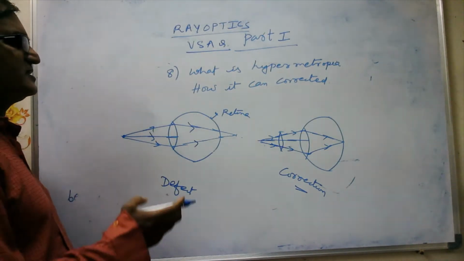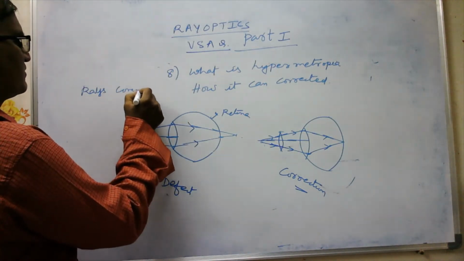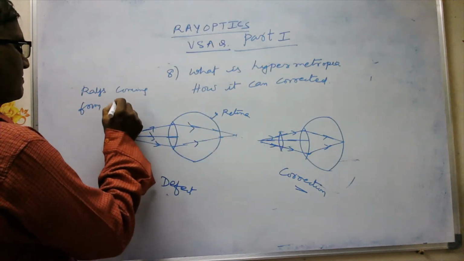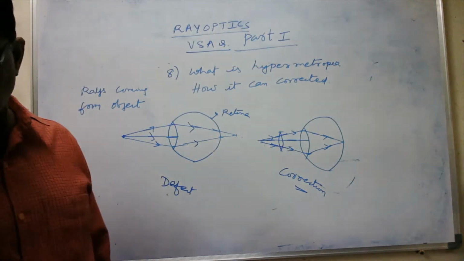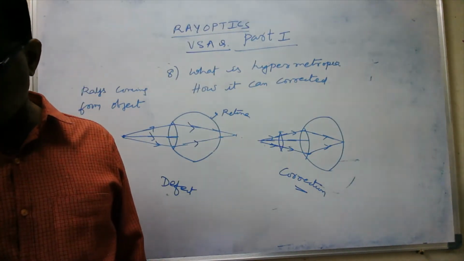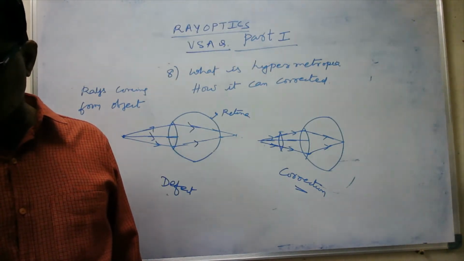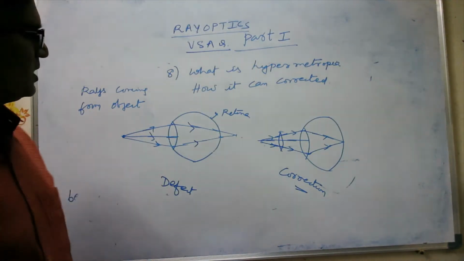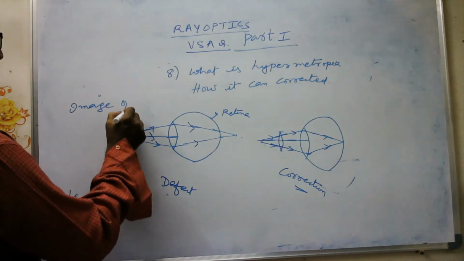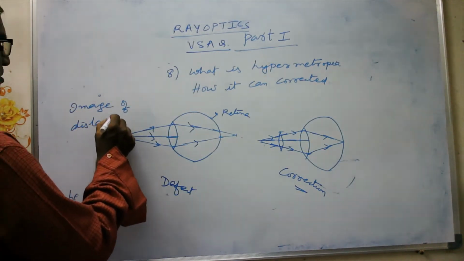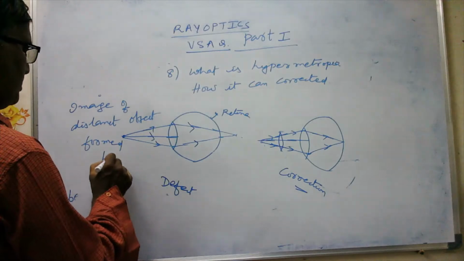Here in this case, rays coming from an object, the image of a distant object is formed behind the retina.